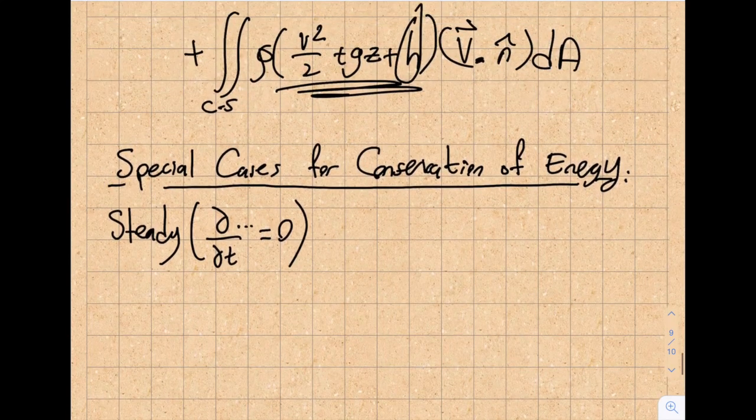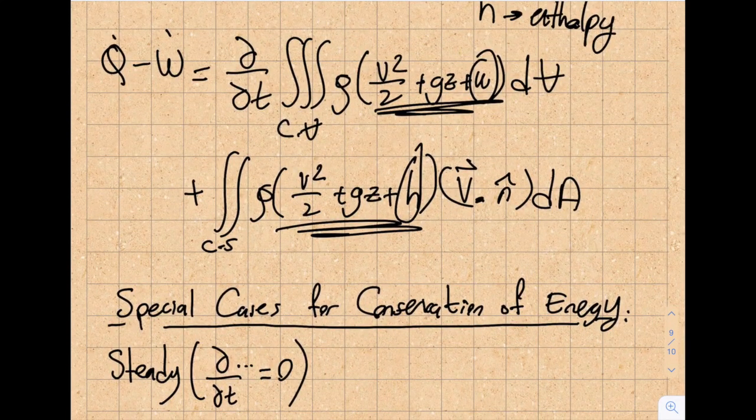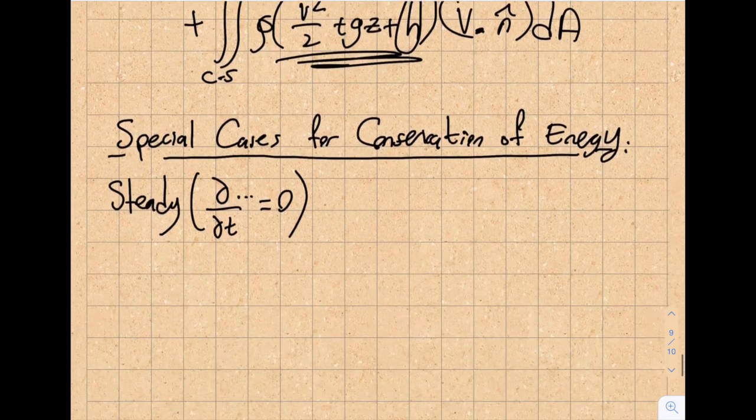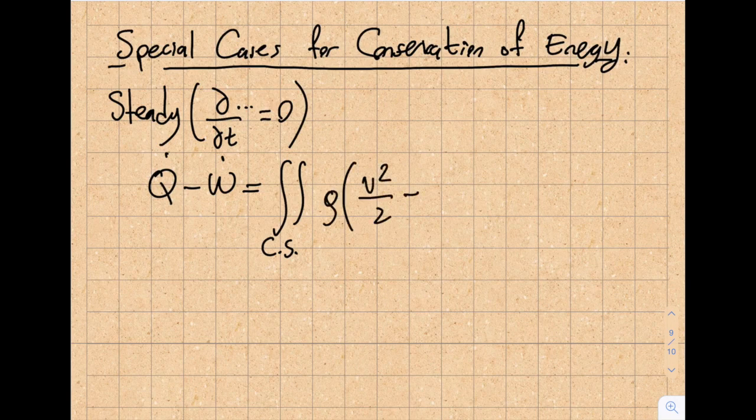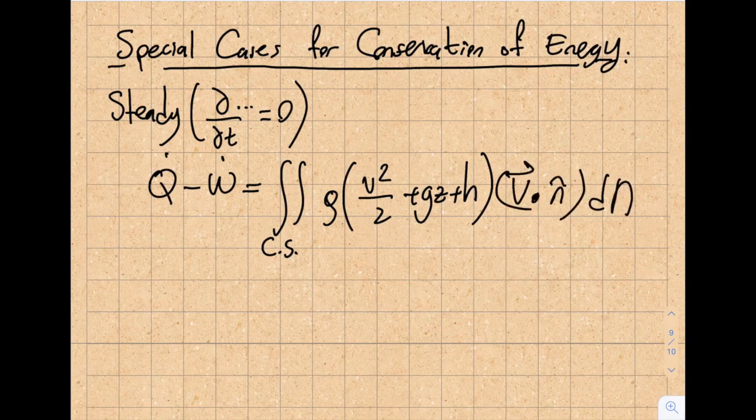Okay, if I go up in here, you will see that the first term on the right hand side is a function of time. It looks at how this integral changes over time. The answer is it doesn't. So then I will simply go ahead and write my equation as Q dot minus W dot equal to the control surface integral of rho times V squared over 2 plus gz plus h, careful, not u, dotted with V and dA.